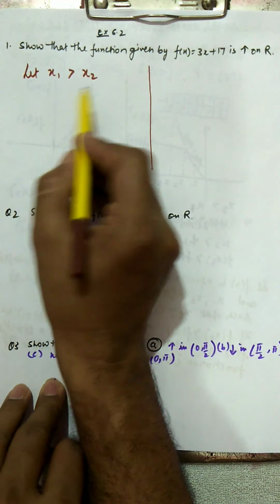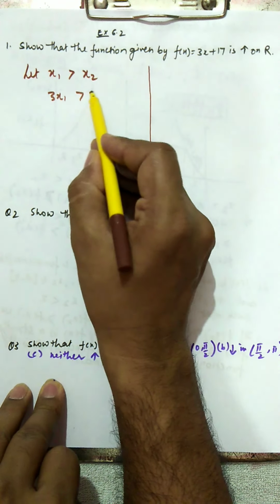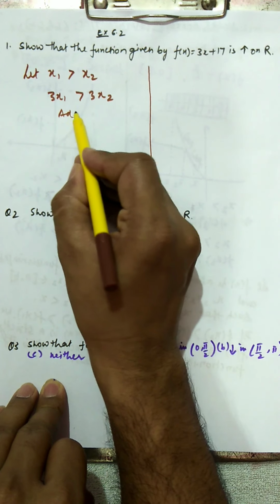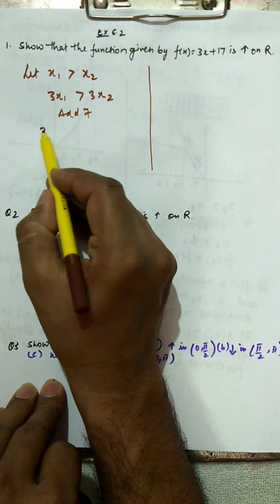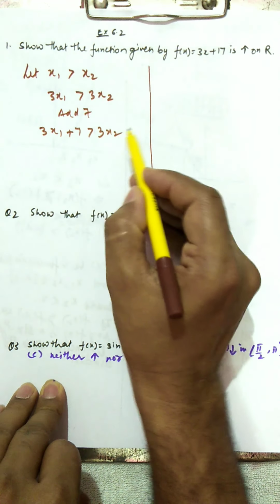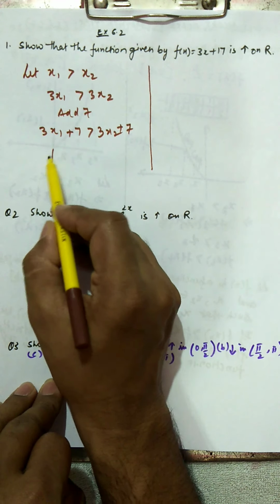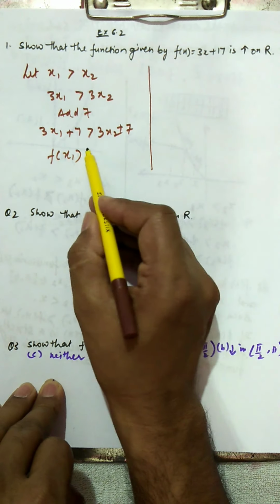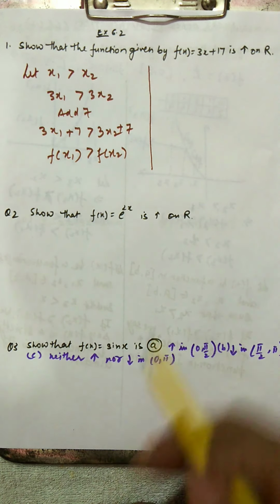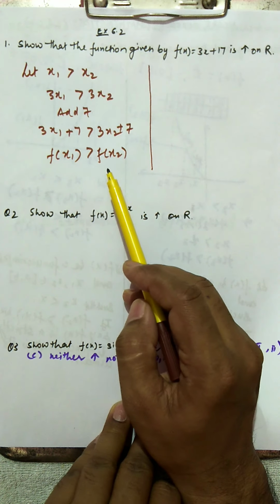If I multiply this by 3 on both sides, I get 3x1 greater than 3x2. And if I add 17, then I get 3x1 plus 17 greater than 3x2 plus 17. So you can see this has come as f(x1) greater than f(x2). You started from x1 greater than x2, but you have got f(x1) greater than f(x2).